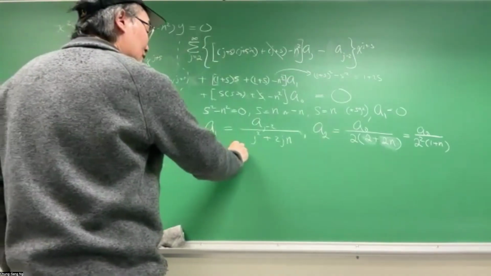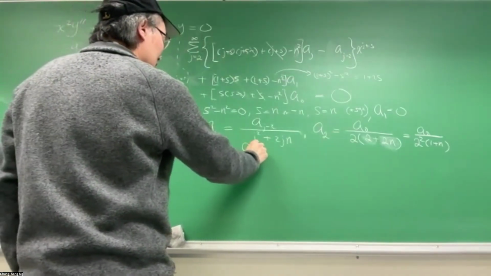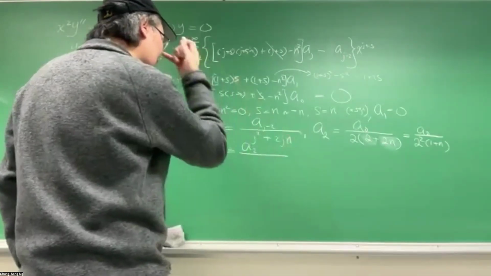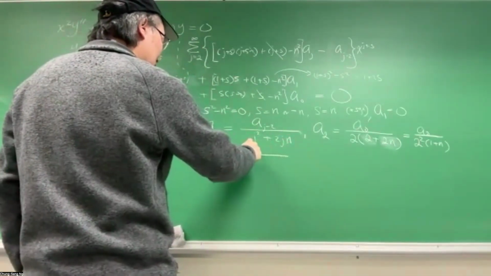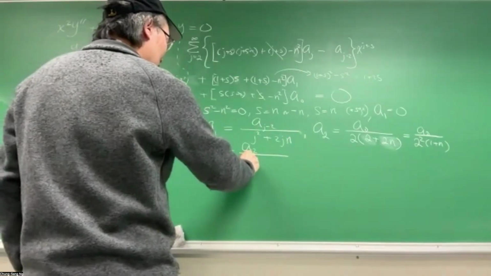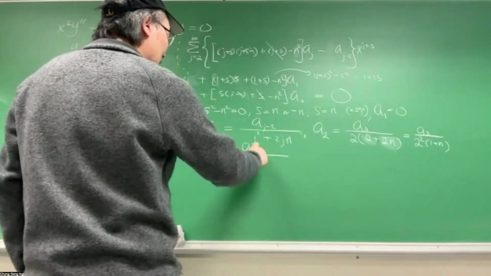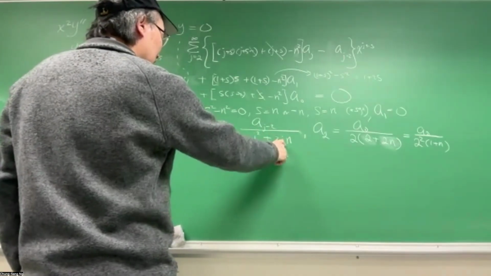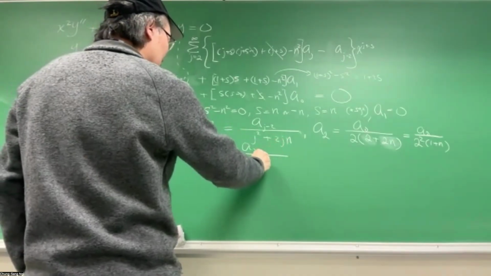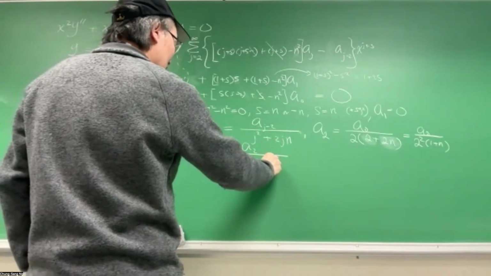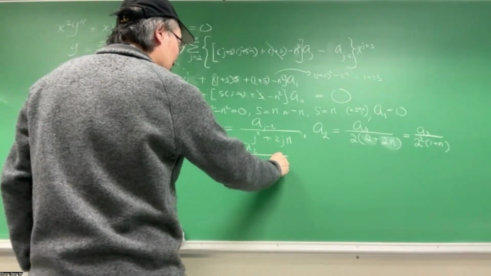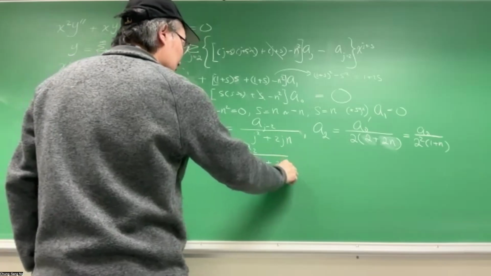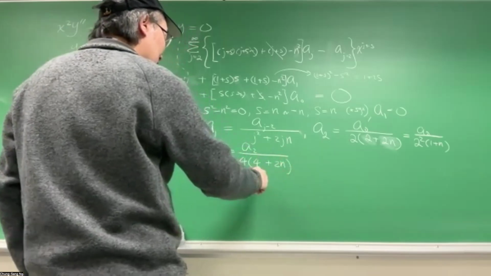A sub 4 will be a sub 2. Again, you pull out j, which is 4. And then j plus 2n. J is 4 plus 2n. Right?